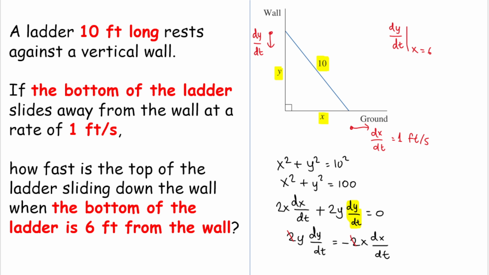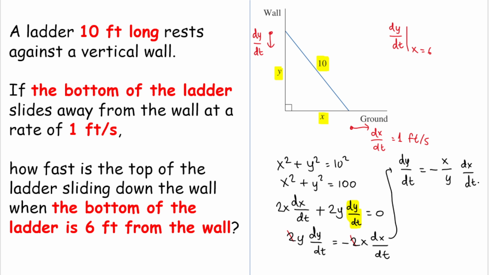Good. And now we have this one here. Okay, let's write it here. So we'll have dy over dt is equal to minus x divided by y multiplied by dx over dt. Good.